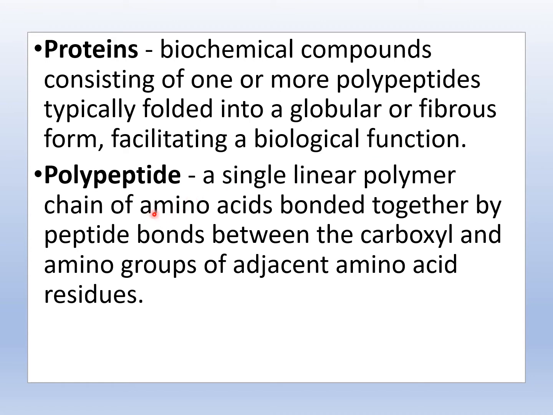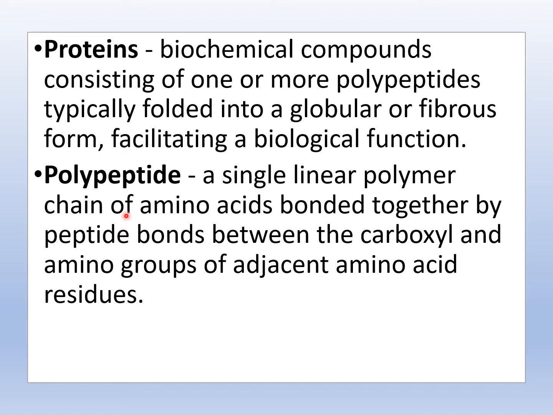Polypeptide, I guess this has been given to you in the previous video. This is a single linear polymer chain of amino acids bonded together by peptide bonds between the carboxyl and amino groups of adjacent amino acid residues. So this is just a review from the previous lecture video, which I guess most of you have already accessed.